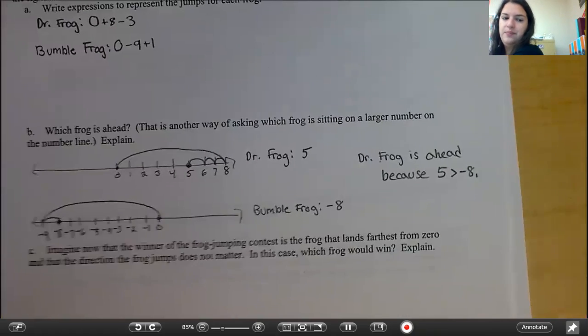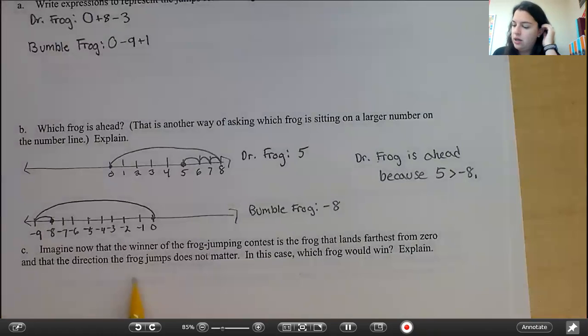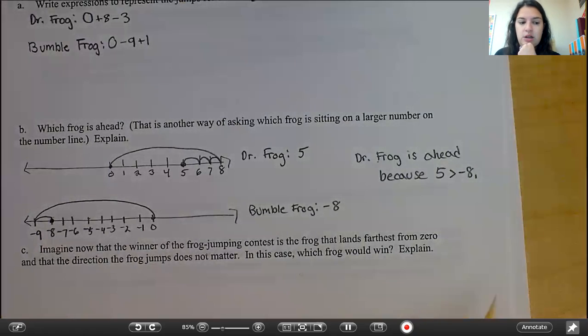Okay, for part C, it says, imagine now that the winner of the frog jumping contest is the frog that lands farthest away from 0, and that the direction the frog jumps does not matter. In this case, which frog would win? Explain. So go ahead and pause your video and answer part C. If you're back with me, that means you have answered part C. So now we're looking at the two frogs. We're looking at how far they jumped, not the direction that they jumped.